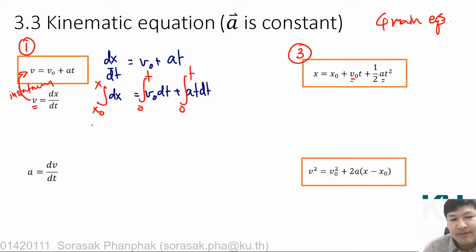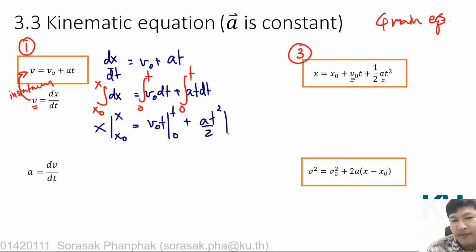From this term you get x minus x0, because you integrate x with the limits in. I will take the limit and substitute it in later. So x with the limit x0 to x equals v0 t with the limit from 0 to t, plus at squared over 2 from 0 to t.